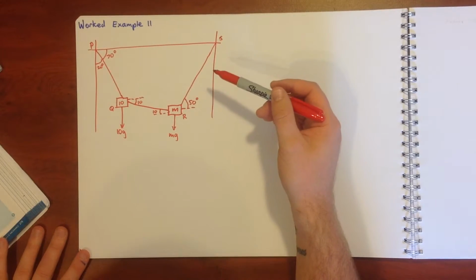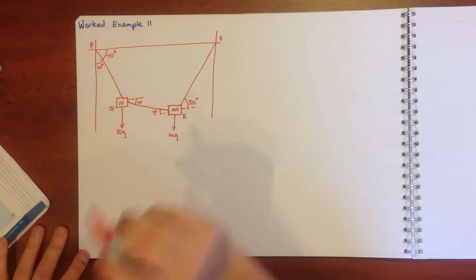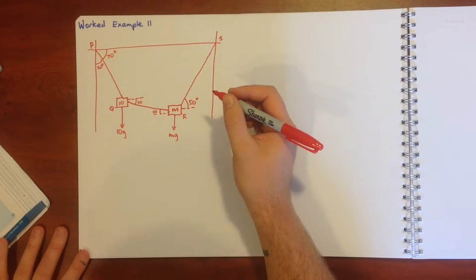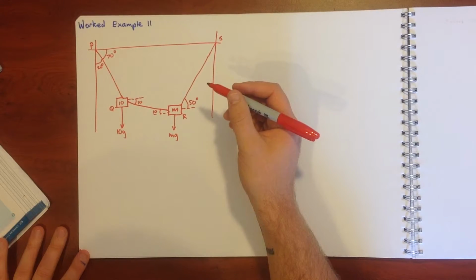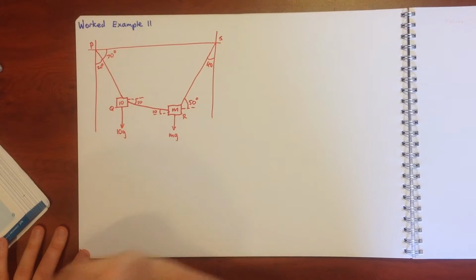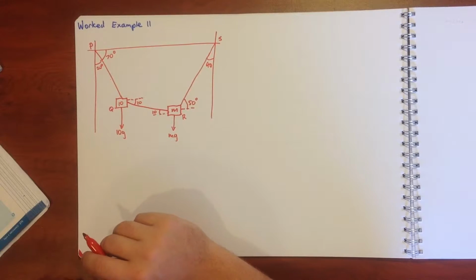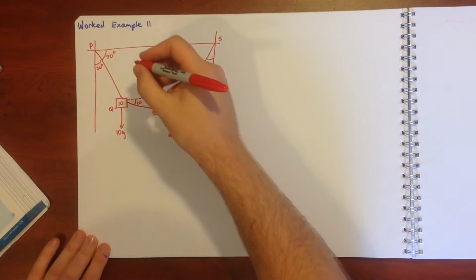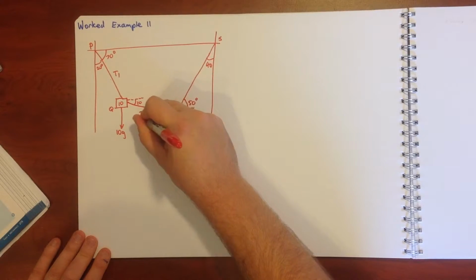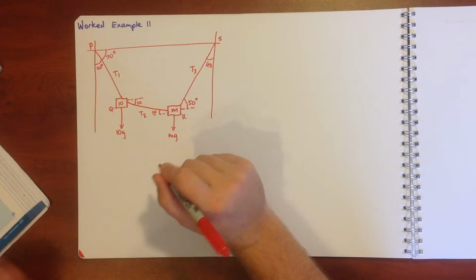The section QR is inclined at 10 degrees below the horizontal, while section RS is inclined at an angle of 40 degrees to the vertical. Find the tensions in all the sections of the rope and the value of M. So we need T1 here, T2 here, T3 here, and we want the mass M.